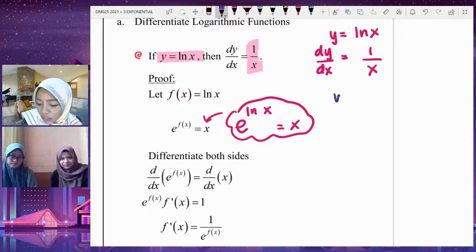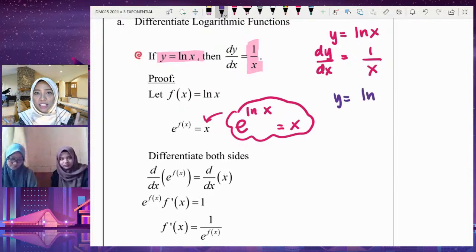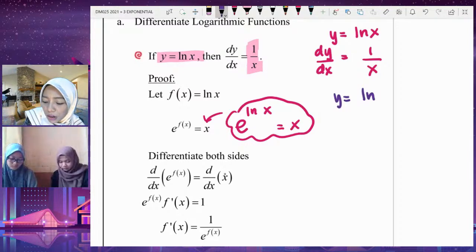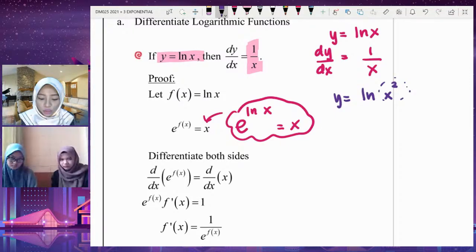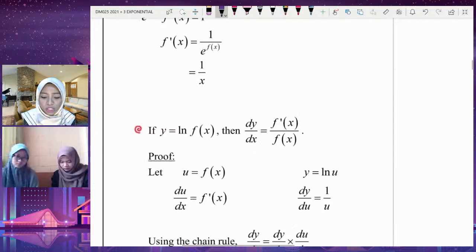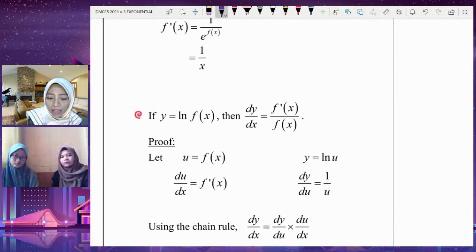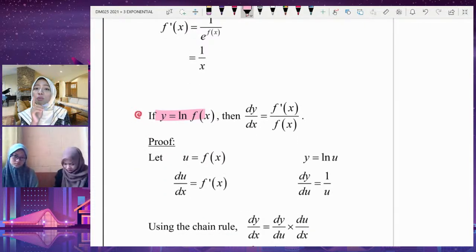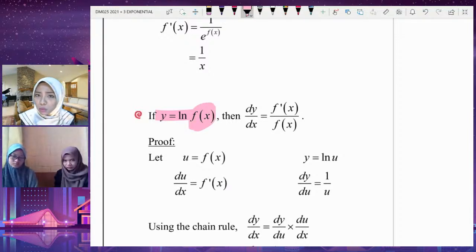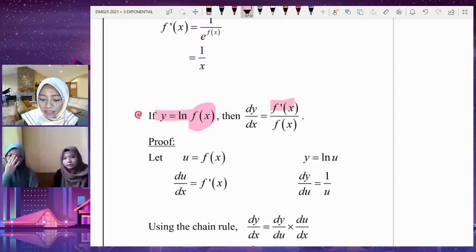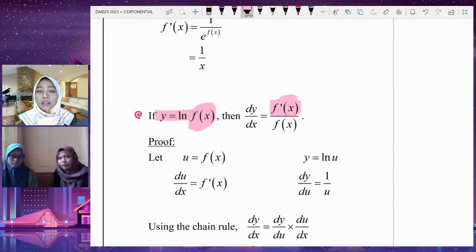But the differentiation of ln of a function, for example ln x square, is what we want to look at. If given to you, instead of y equals ln x, ln of a function, where the function can be x square plus 1, maybe x square, then it is 1 over f(x) multiplying with f prime x.